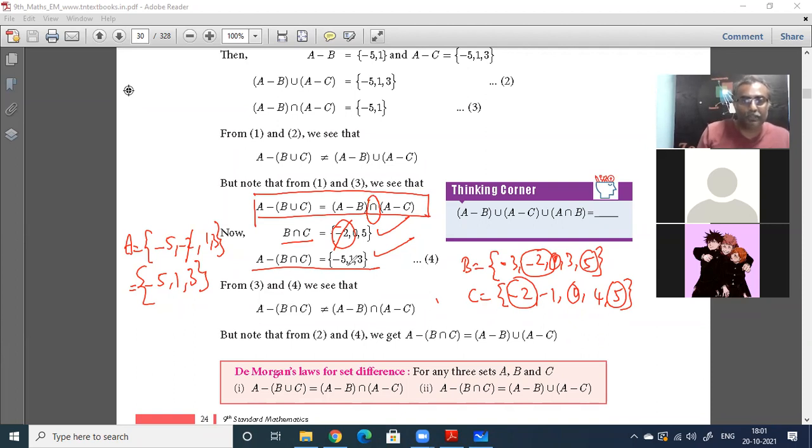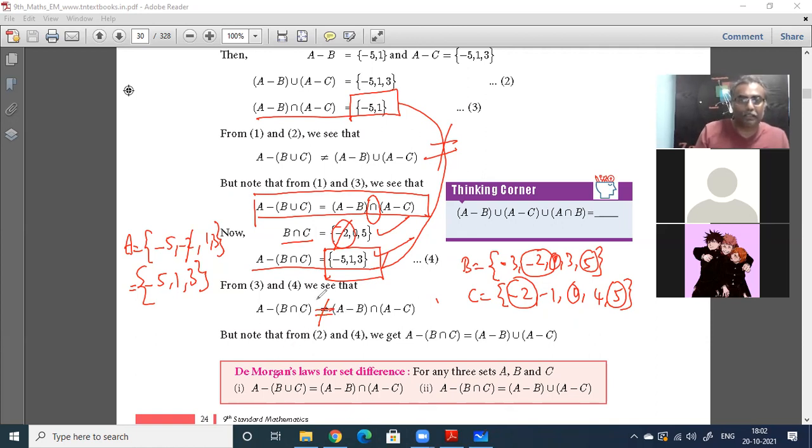A minus (B intersection C) is not equal to (A minus B) intersection (A minus C), because that is minus 5, 1, while this one is minus 5, 1, 3. So this is not equal to this.